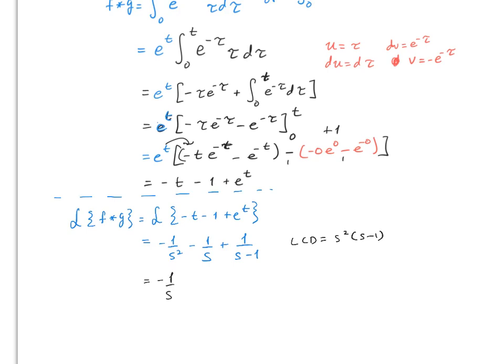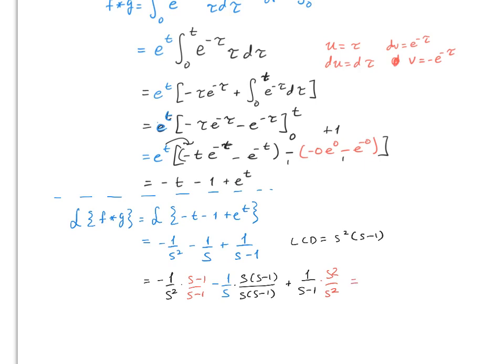So if you add these 3 fractions, this one is the s minus 1. The second one is the s times s minus 1. And the last one, it only needs the s squared.